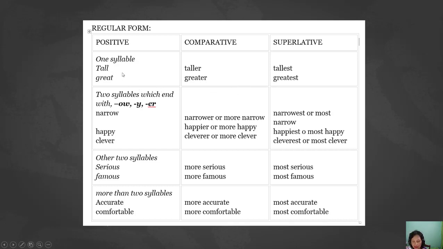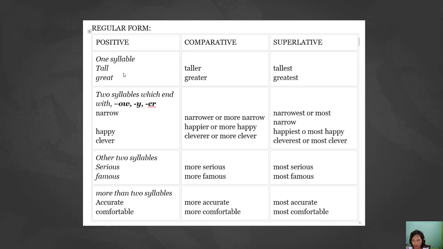There is another word like big or fat that you should pay attention to, because you have to double the consonant. This is for a word that contains one syllable with only one vowel before the consonant.